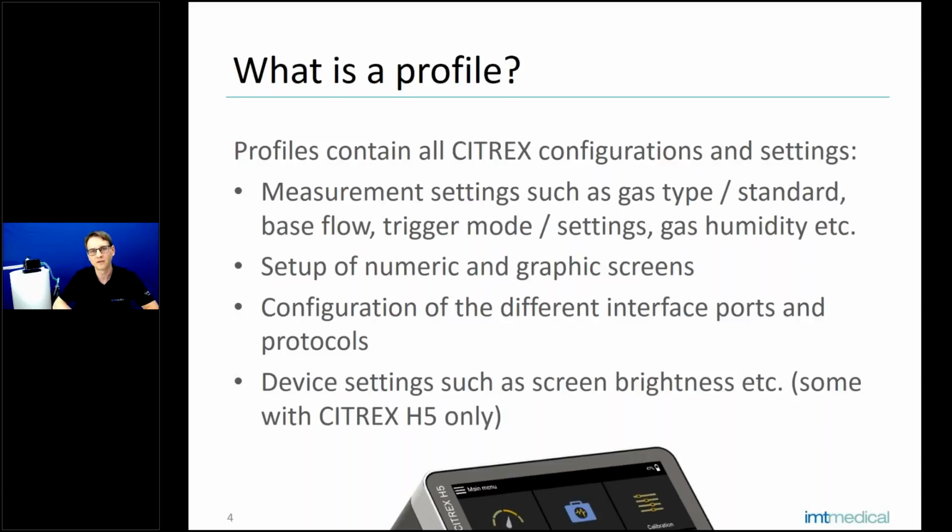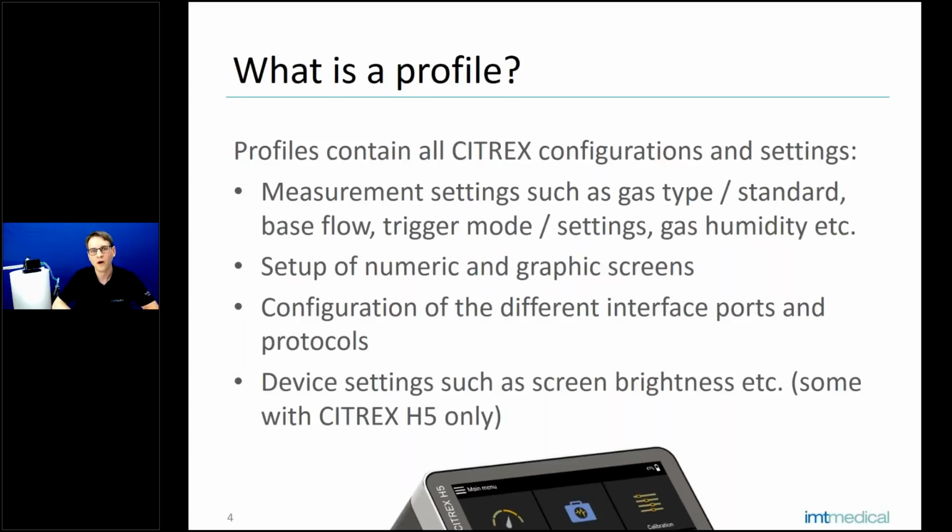In a CITREX profile, we have, for example, all the measurement settings of CITREX, for instance gas standard, trigger settings, humidity settings, and all these kinds of measurement settings. We also have all the setup information about our screens, for instance the graphics, the curves, or the numeric values we have configured on our different CITREX screens.